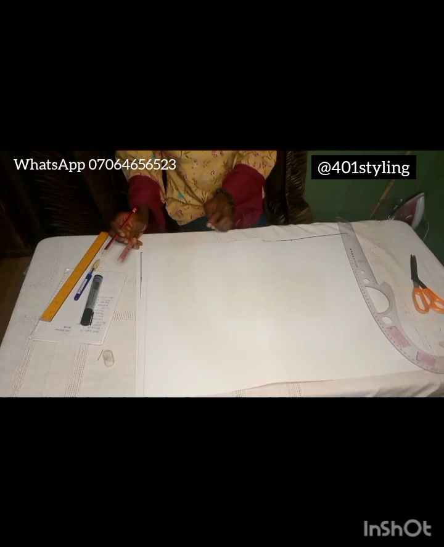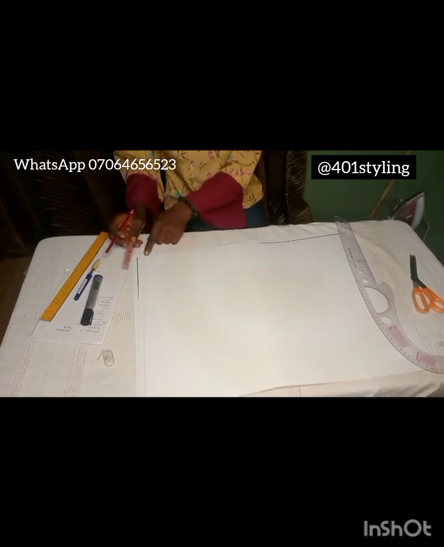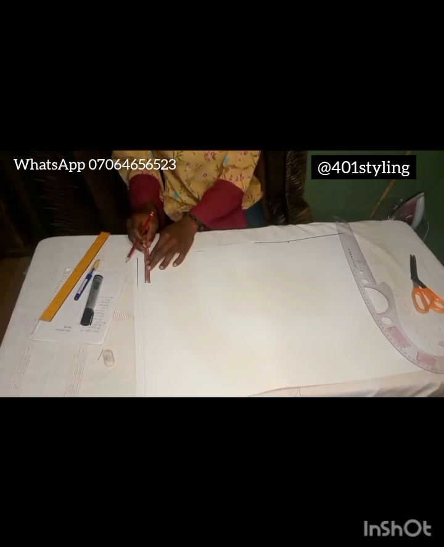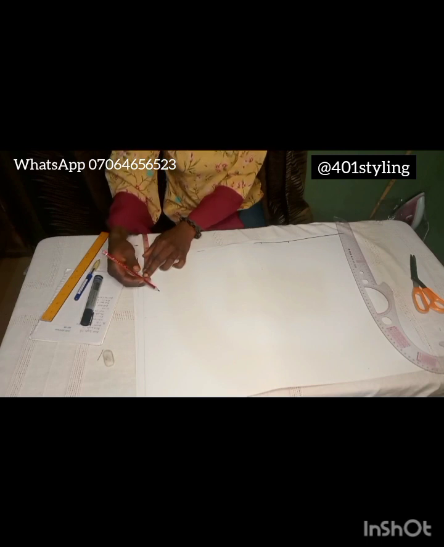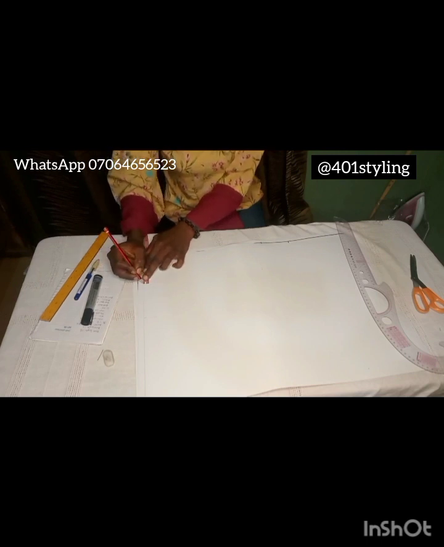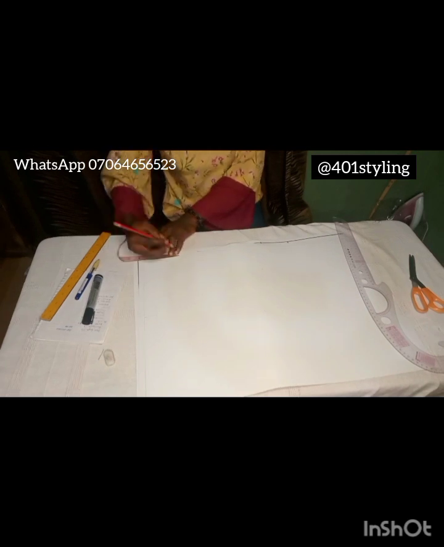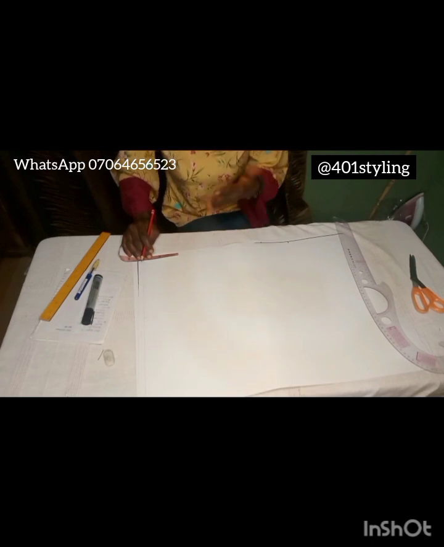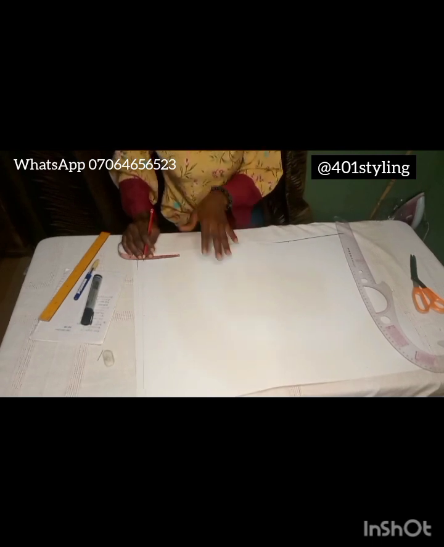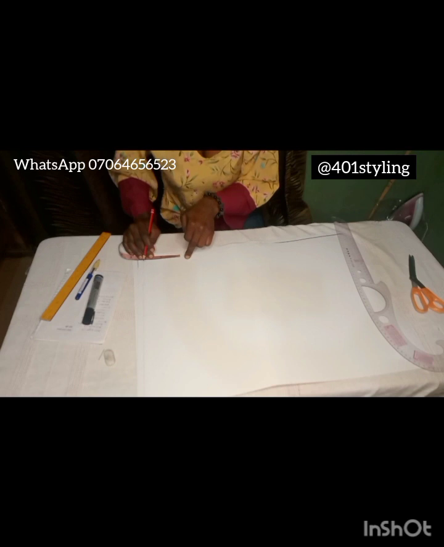Then from this edge here, you come in by 3.5 to get your neck width. It might be more or less, but myself, I'll be making use of 3.5 by 3.5, because I'm using my own measurements for this tutorial.